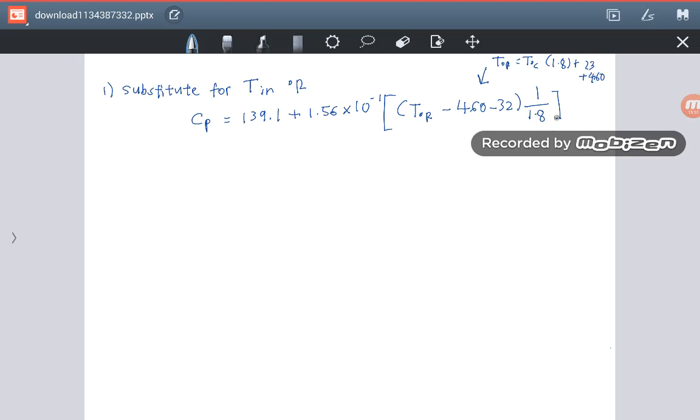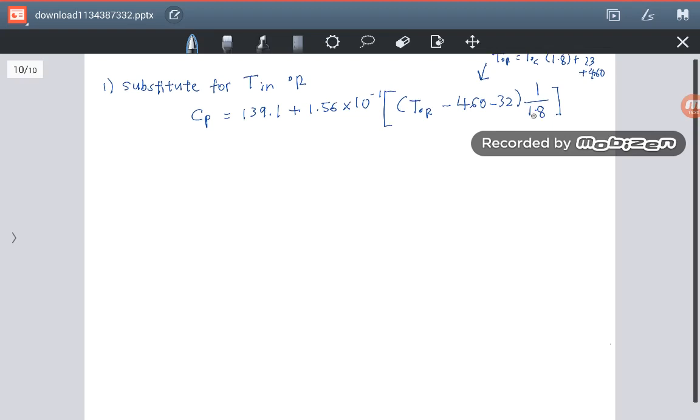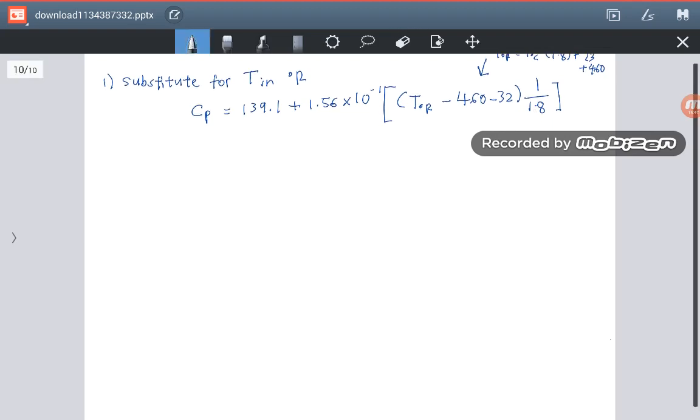So we just change this, it is going to be, where T degree C is equal to, this is just a matter of rearranging back, T Rankine minus 32 minus 460 divided by 1.8.